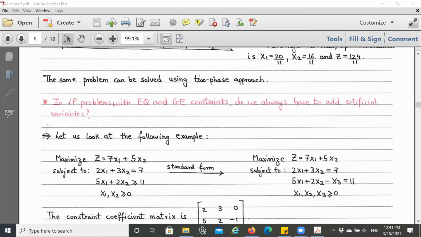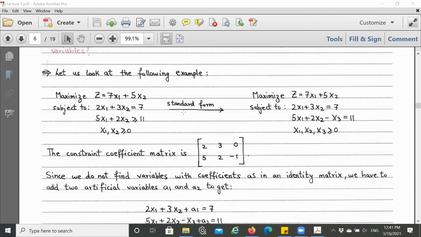You do not always have to add an artificial variable to constraints of the form equality or greater than. And I'll tell you how you identify that. The best way is to look at it through an example. Let's look at this example given over here. What you want to do is convert it into standard form where everything is in the form of equality. You just add a minus x3 over here.